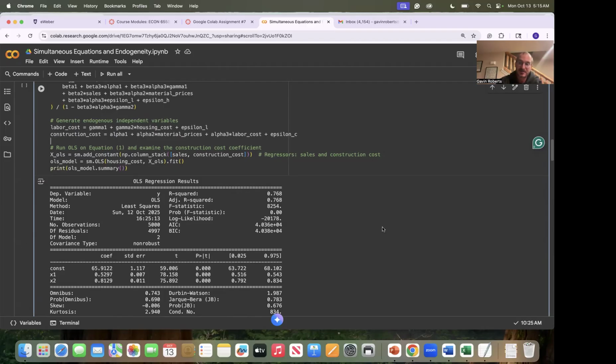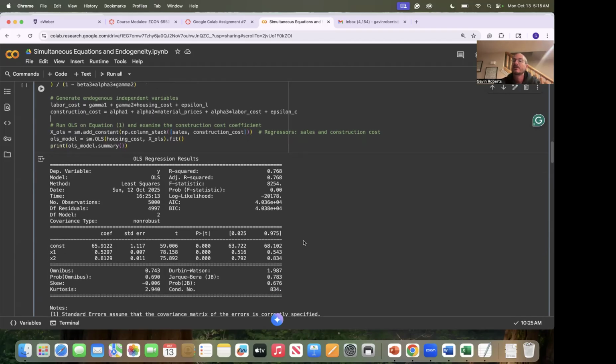If my theory about simultaneity is correct, then that should bias my coefficient downwards or upwards. So at least in that case, you could compare your raw OLS estimate to your two-stage estimates and see, is it moving in the direction that I thought based on my theory about the bias in the system? So it's important to run just the standard OLS one for comparison later.